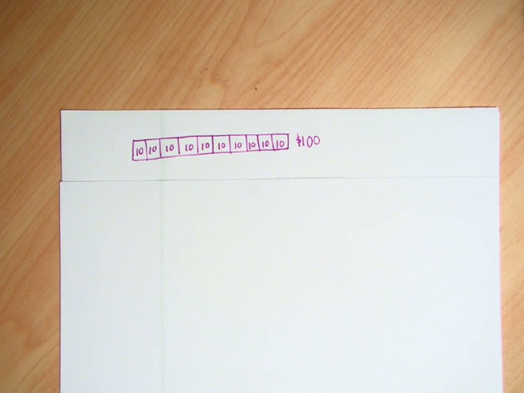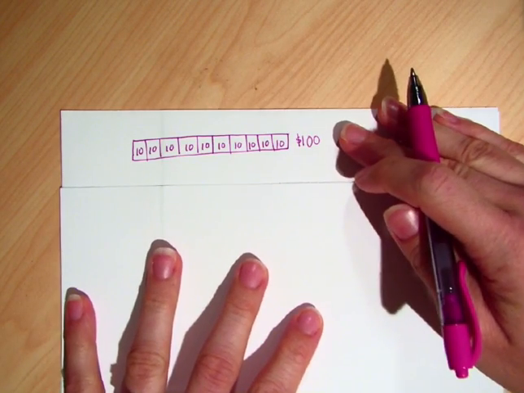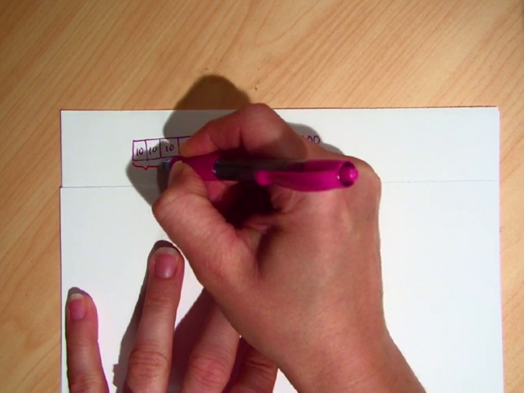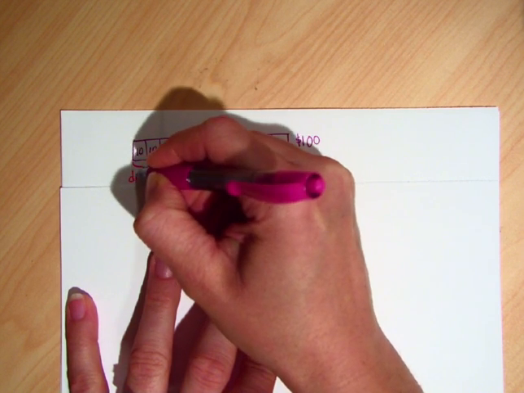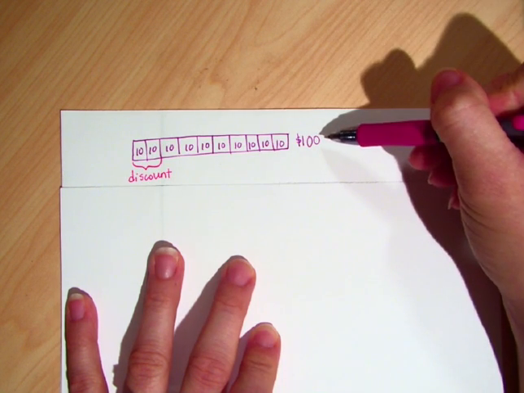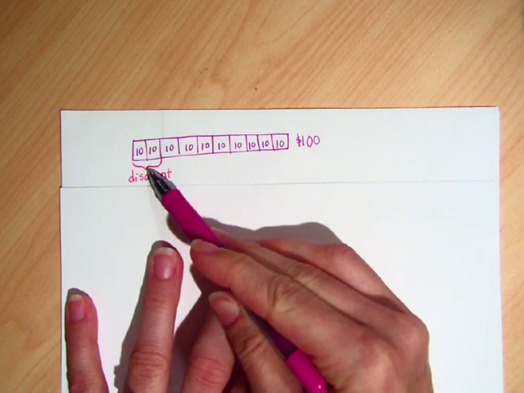And because our sale is 20% off, our discount is going to be 20 out of 100. So this is our discount. Because it's out of 100, we're going to have a 20% discount.